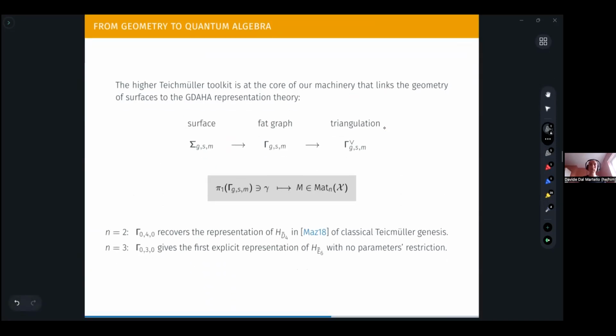Good. So now that I have these playground sets, I can really give you the machinery we developed that is really moving from all this geometric framework to GDAHAs. So we need to start again with a surface.